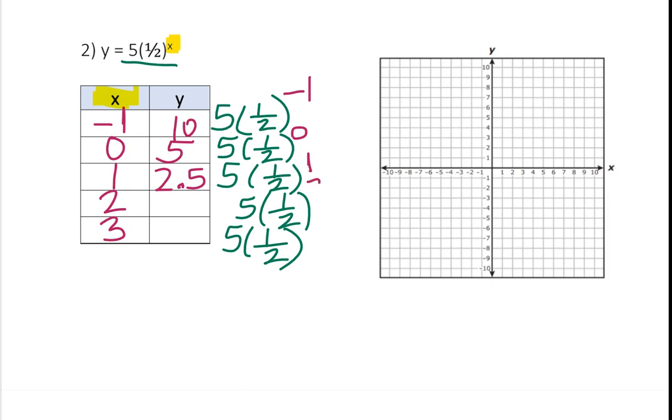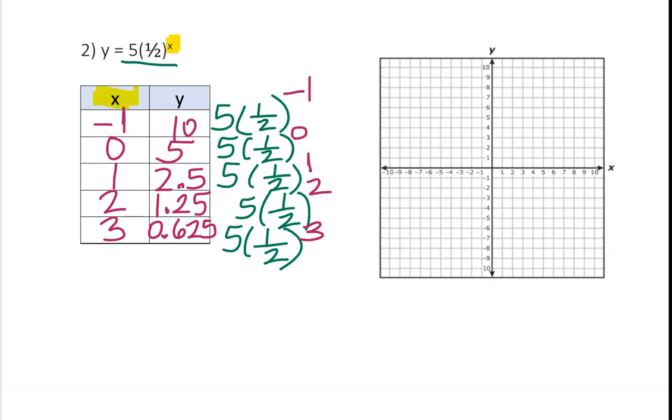Then I plug in a 2 as my exponent, and it gives me a y value of 5 over 4 as a fraction, or 1.25 as a decimal. And then lastly, when I plug in an exponent of 3, I get 5 over 8 as my y value, or if I want to keep it as a decimal, it's 0.625.